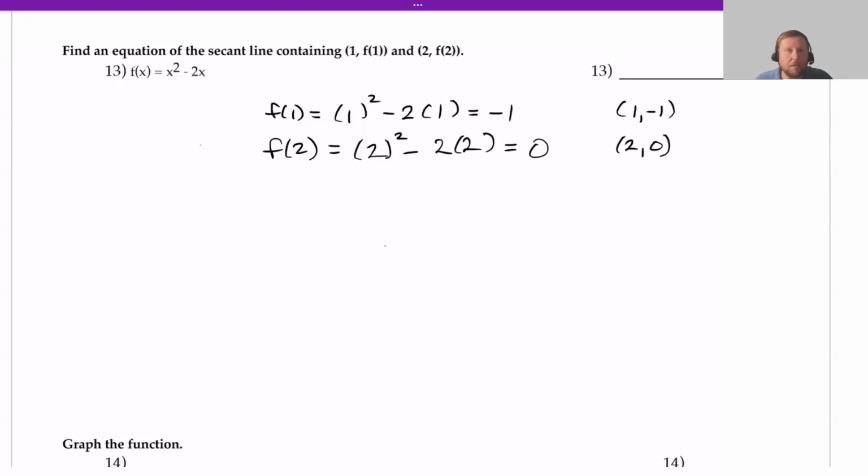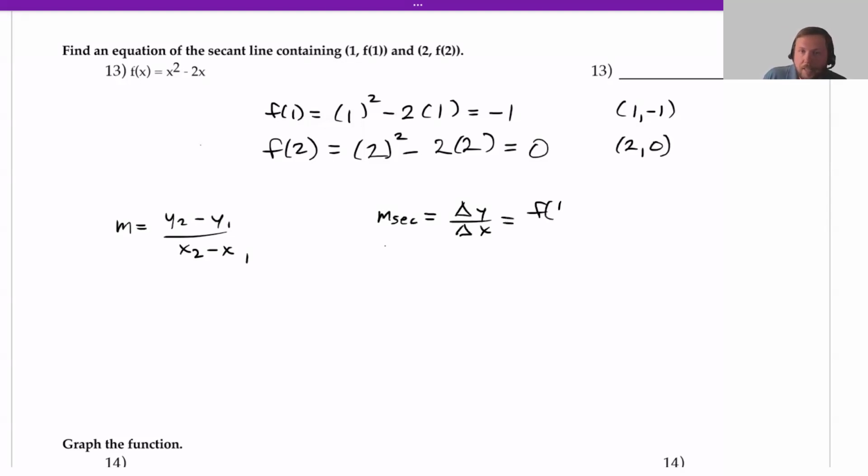All this turns into now is just an old-fashioned slope formula, but really what we're supposed to be thinking about is that the slope of the secant line is the average rate of change between 2 points on the function, this f of b minus f of a over b minus a.